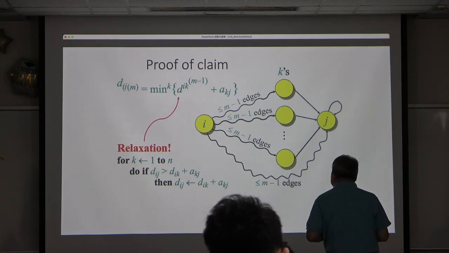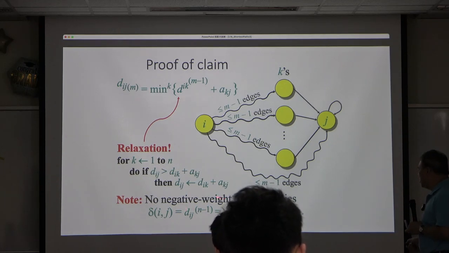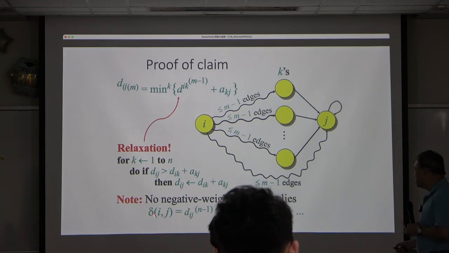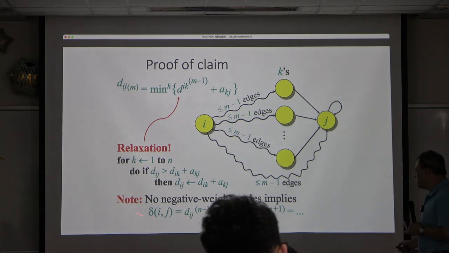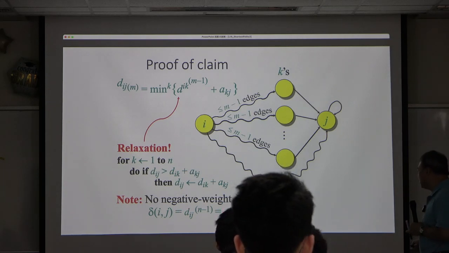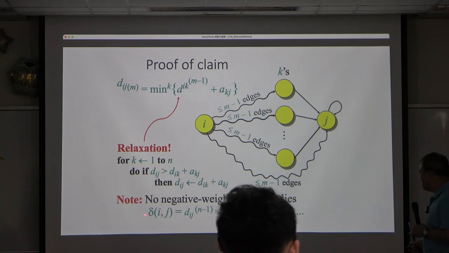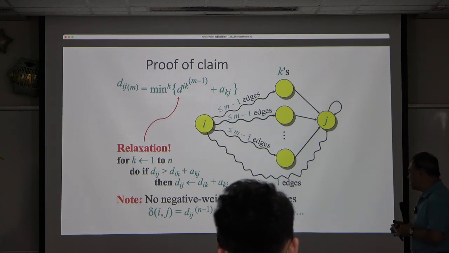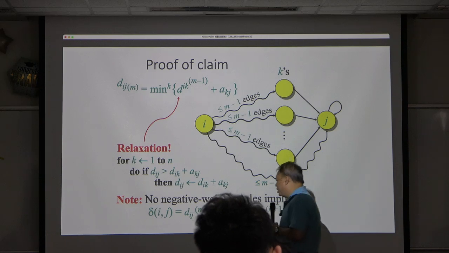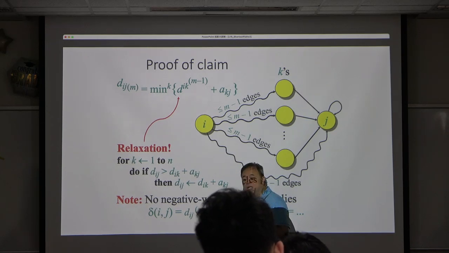So no negative edge weight cycle implies that the shortest path from i to j is the same for n-1, n, n plus 1, and so on. As I said, the longest possible shortest path between i and j is n-1, right?